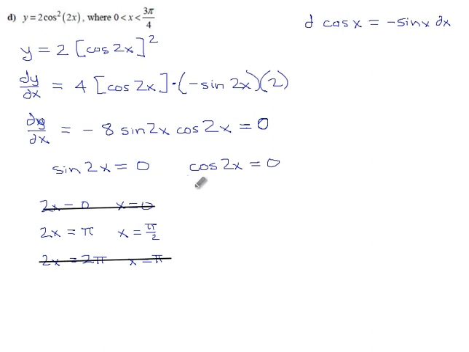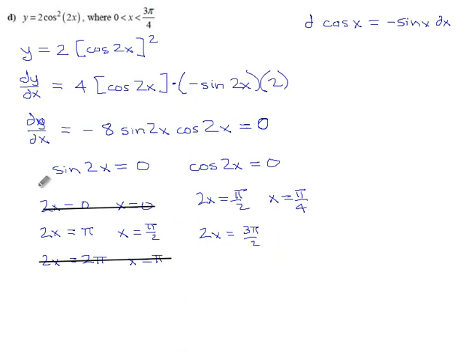For cosine, where does cosine equal 0? That can happen when we're at pi by 2. It can happen when we're at 3 pi by 2. And you know what? I have a feeling that's all we're going to need. Because if we solve this first one, we get x equals pi by 4. That's in our domain. We can keep that.